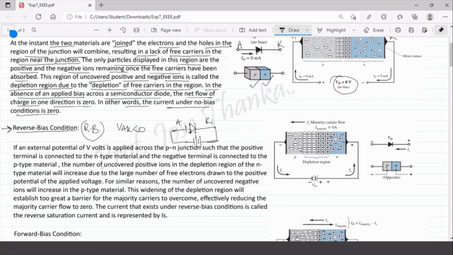This is the P-type material and this is the N-type material. So P is connected to negative and N is connected to the positive terminal. We are basically giving this external bias to the PN junction. What will happen as a result?